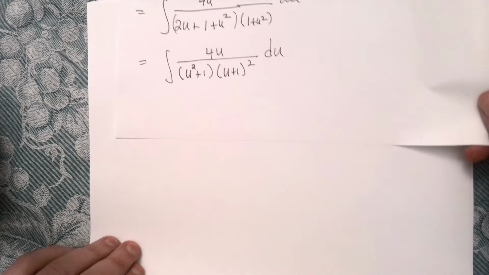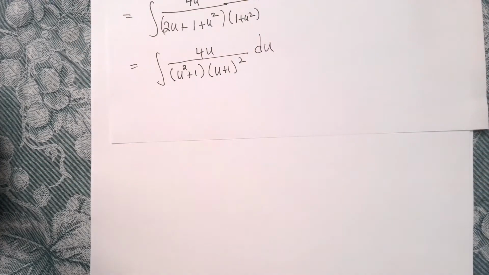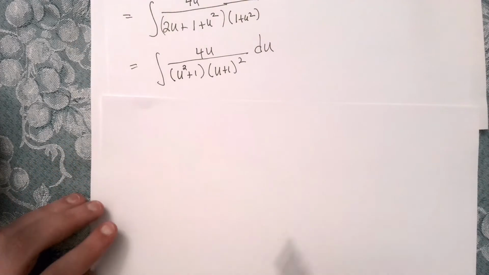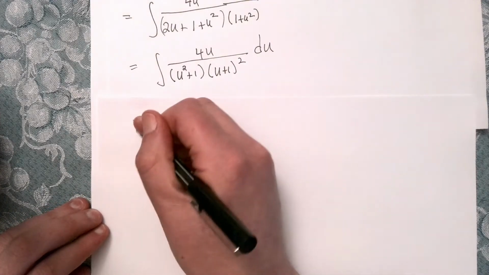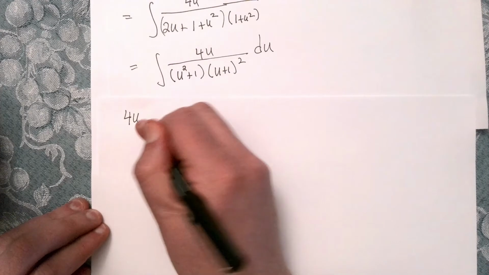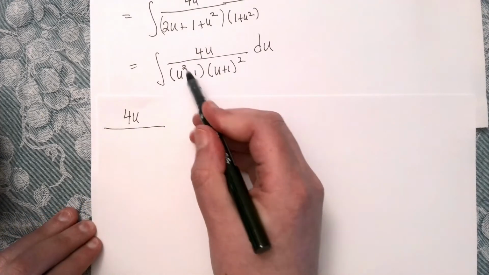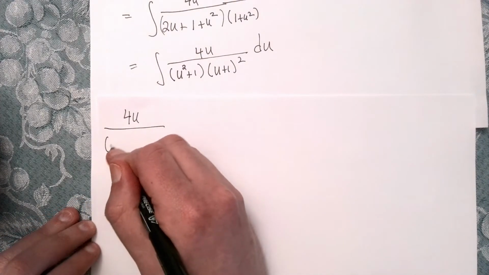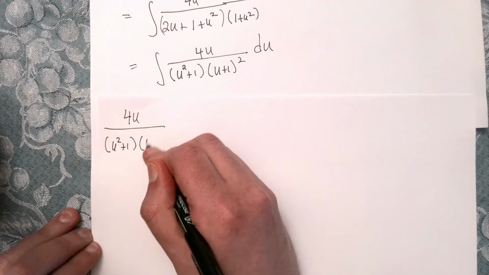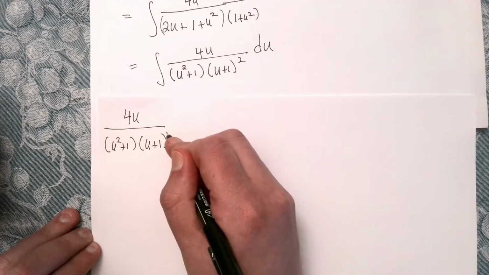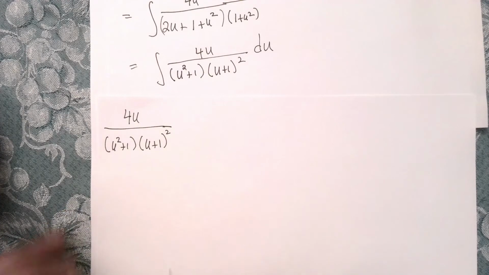Let's see what happens. Okay, so putting the calculus to the side, let's deal with the algebra. I want to break this down. So let's see what we have here. So 4u. So I noticed this quadratic unique factor, so we know how to decompose that from calculus. And then I see this linear repeating factor, and we know how to deal with that as well.